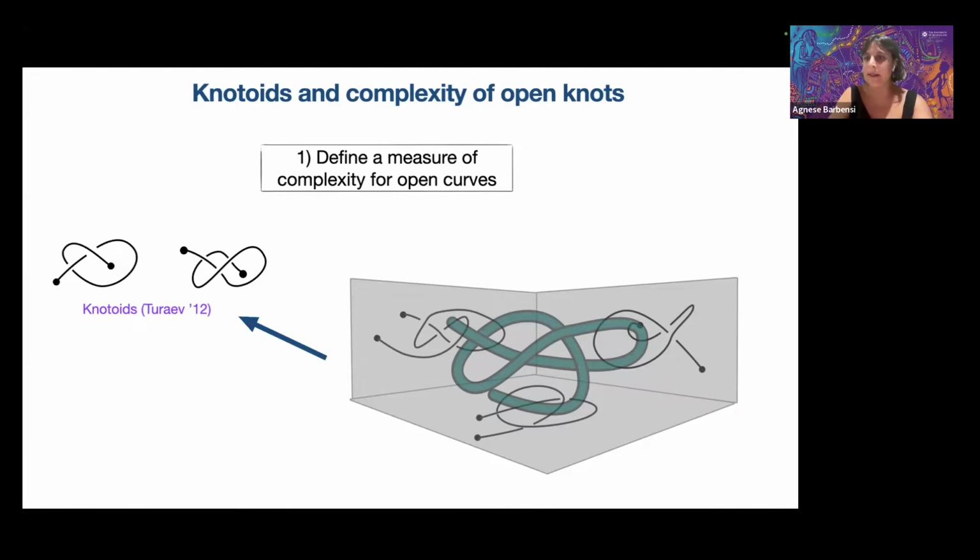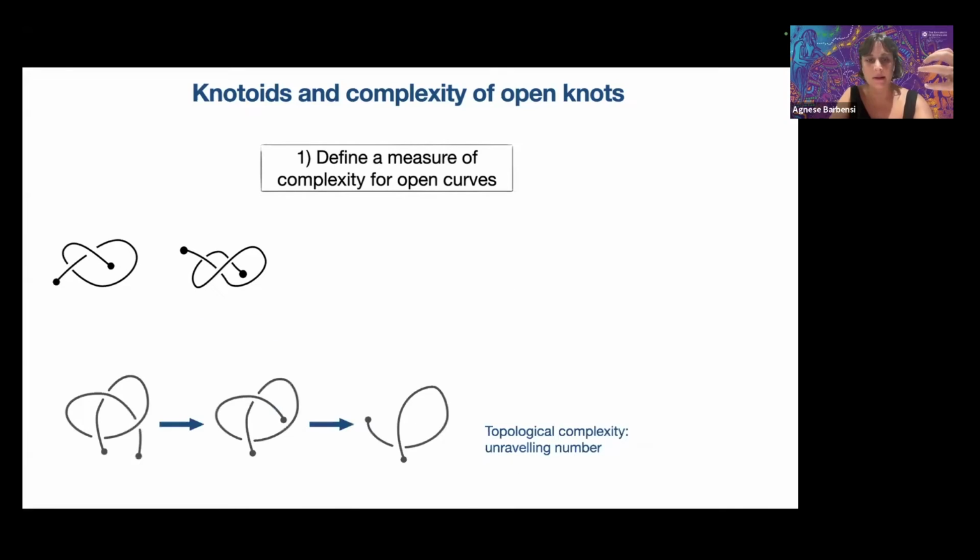And the starting point is the one I shared a few slides ahead. We can consider our knotted spatial curve together with its S2 distribution of notoids.